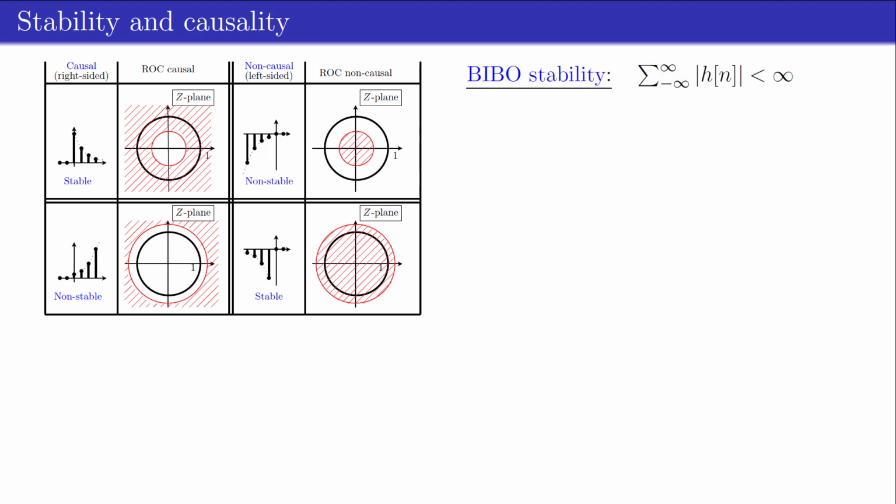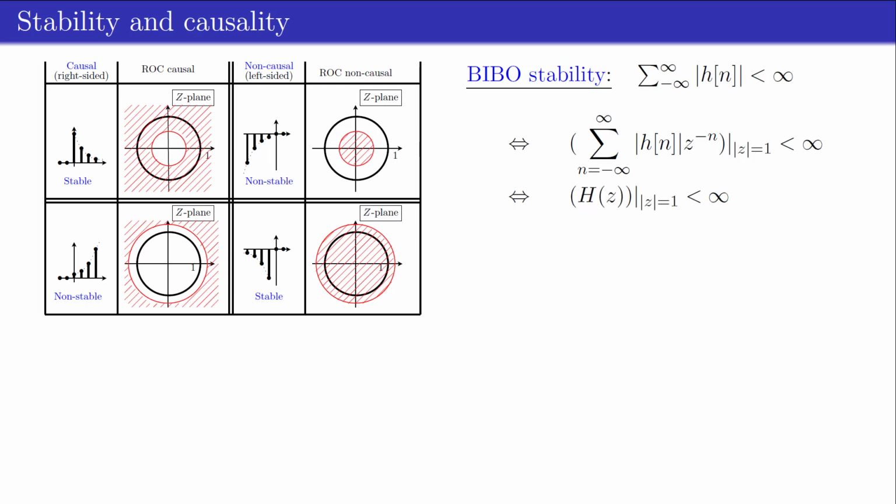In the module systems, we have seen that bounded input, bounded output stability can very simply be tested by evaluating the sum of the absolute values of the impulse response weights. Multiplying each value of the impulse response by z^{-n} and evaluating the result around the unit circle does not change the test for BIBO stability.